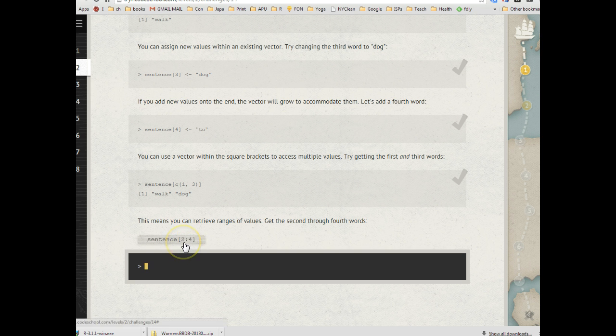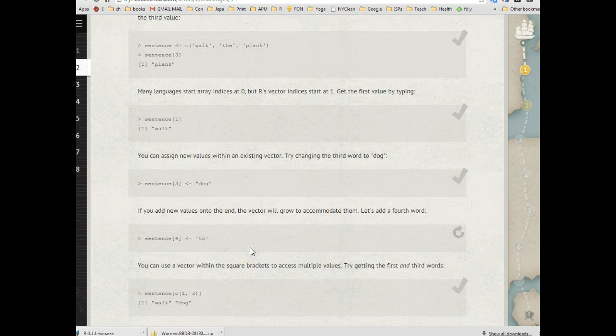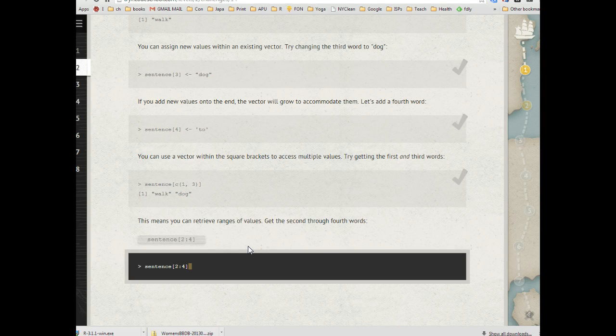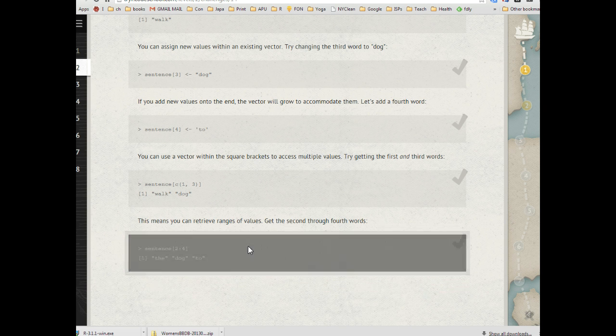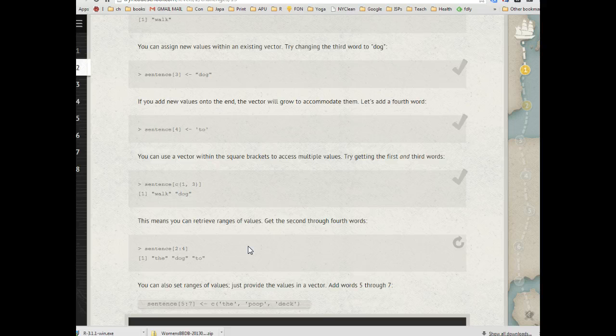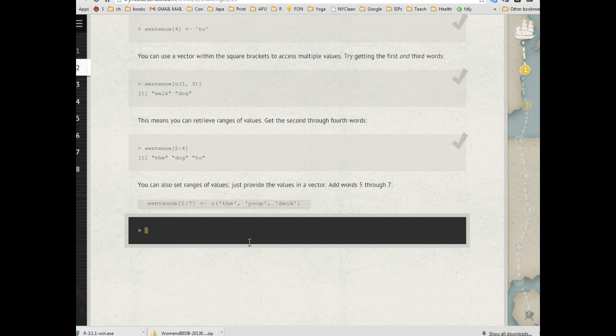Yeah, because 2 colon 4 will produce a vector. So what elements are we going to get this time? What are we getting? Where is it? I don't know. All right, let's see. I forget what it is. The dog 2. We get the second, third, and fourth elements. Okay, how about now?